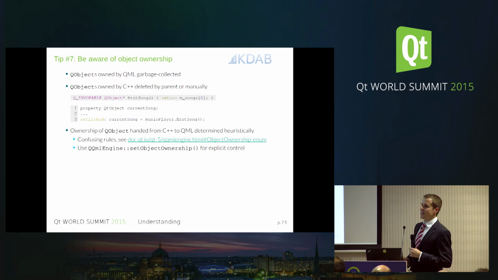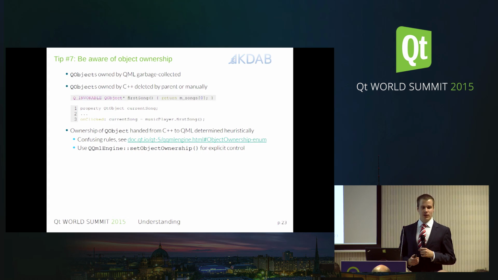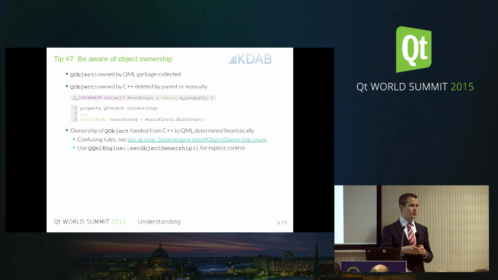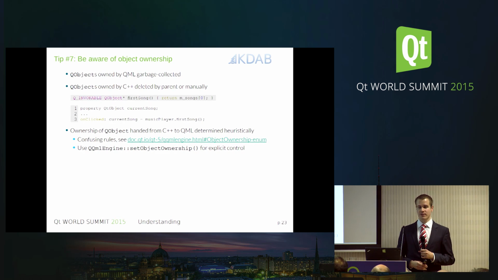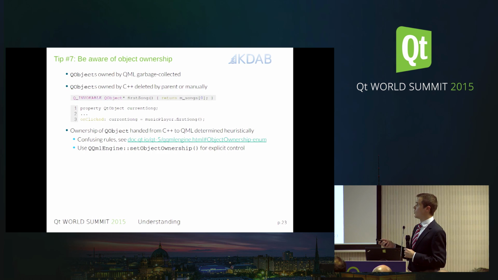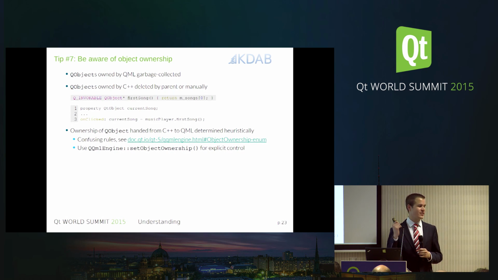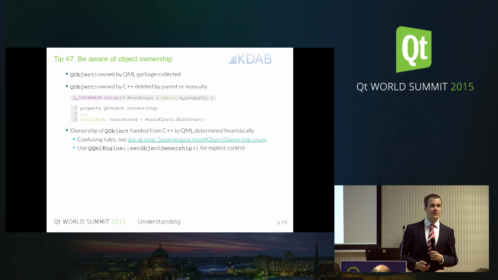The good thing is you can override the behavior. In this case, you hand out a QObject, and you know the QML engine should not gain ownership. It should not delete the object. It should not garbage collect it. You can call setObjectOwnership to override the default behavior. So go and read that documentation. If you ever had some unexpected crashes or objects getting deleted, this might be the reason.